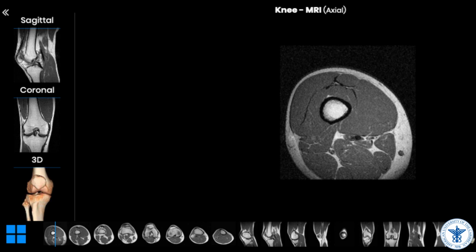The muscles which we have on the lateral side here are the vastus lateralis, the vastus intermedius, and behind here are the short head of the biceps femoris and the long head of the biceps femoris.